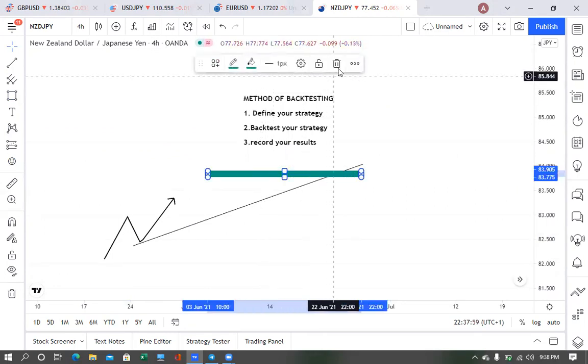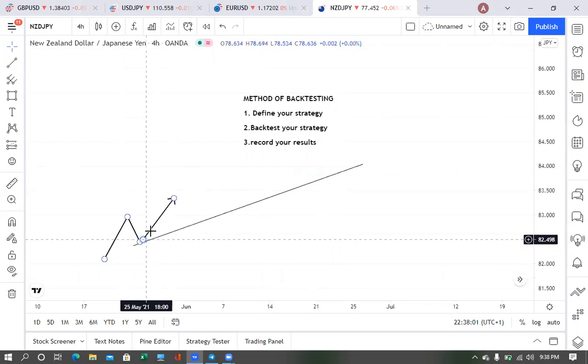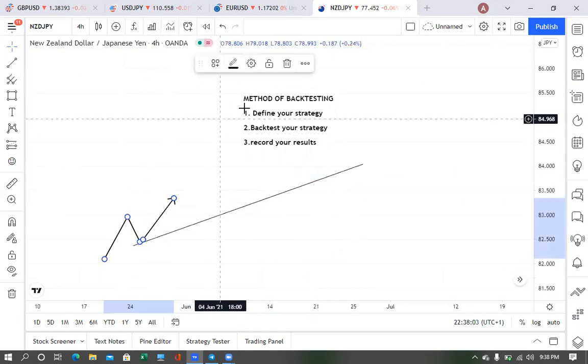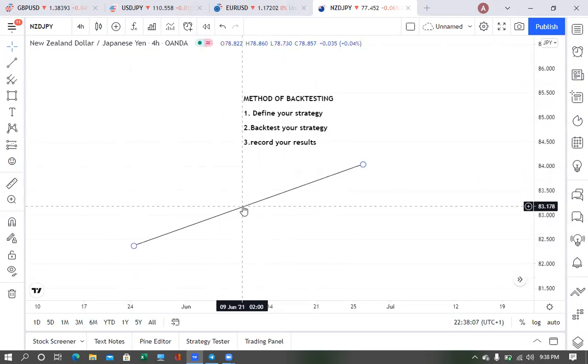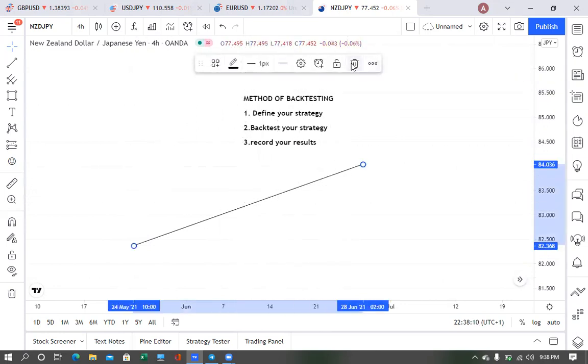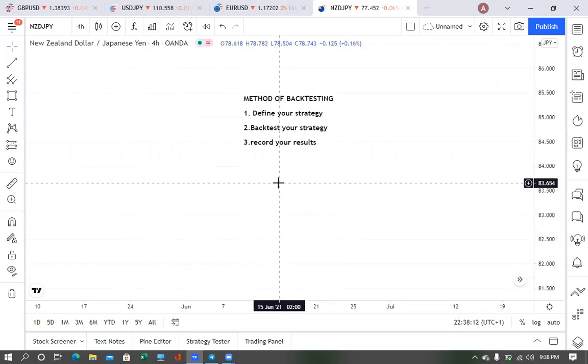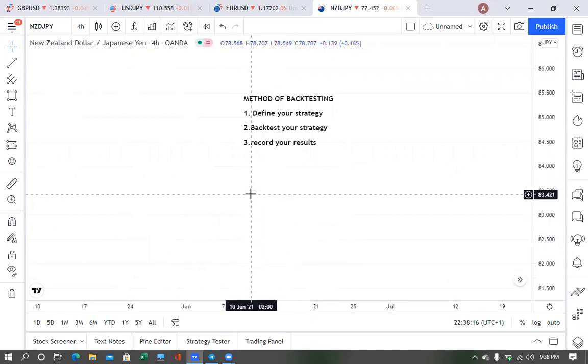That is what we mean by backtesting. And in the YouTube videos that you guys watch, some of them say backtest your strategy at least more than 100 times. So you need to backtest your strategy to see how it really works for you.